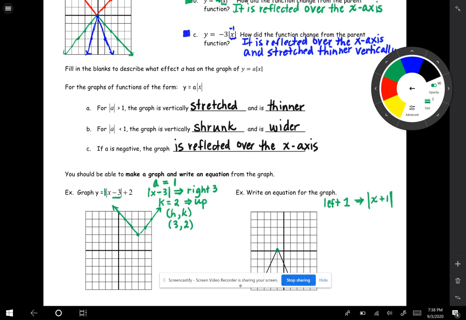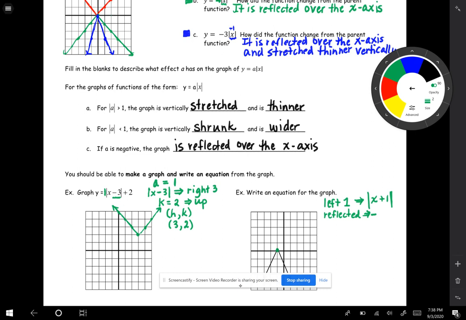And then it has been reflected, so you know A is negative. How do you know what the number for A is? Because of the negative sign. And then let's see what the slope is, and that'll tell you what A is.